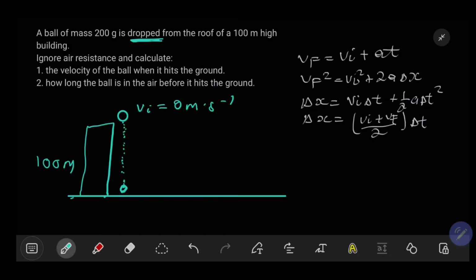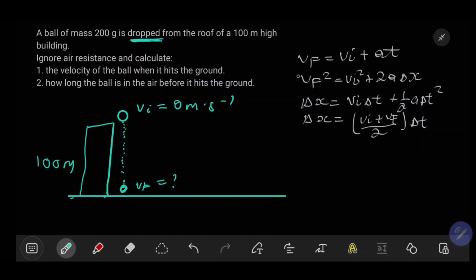You just have to open your hand, and then that object will be dropped. So when you see the word dropped, just know that the initial velocity of that particular object is 0 meters per second. And then the first question, they want the velocity of the ball when it hits the ground. So they want the final velocity of this ball, which we are looking for.